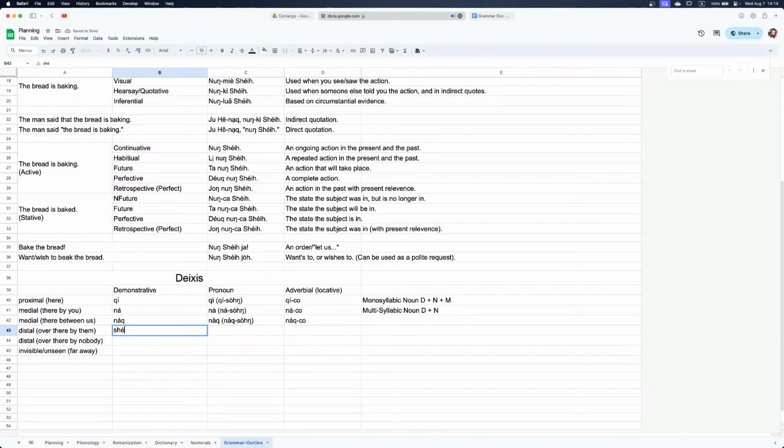Oh, that should be she. And that's she, which obviously is a compound of that, in informal language, and then she ko. Thank you. Then two more ones to make.